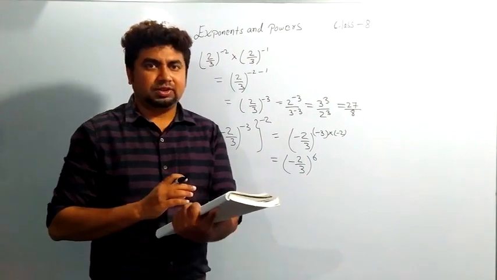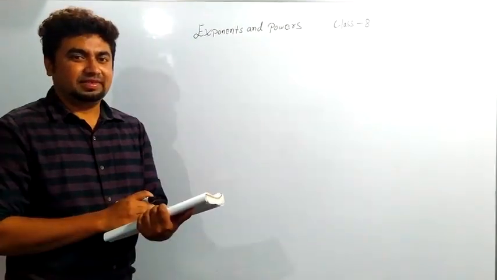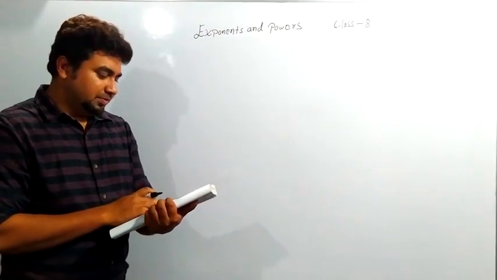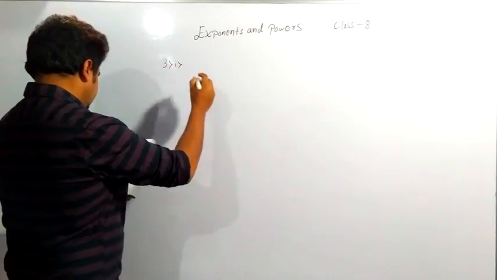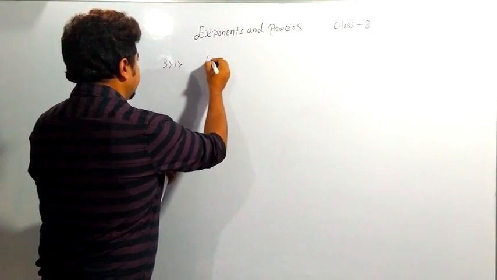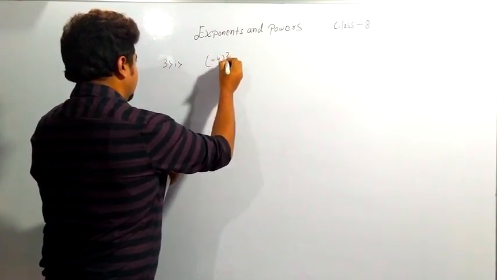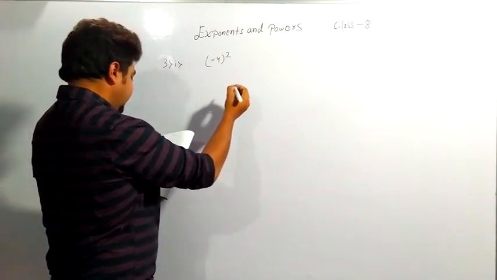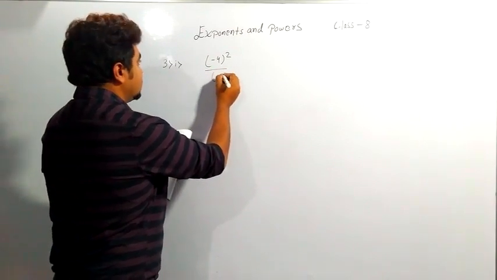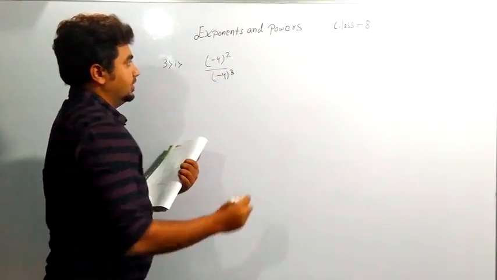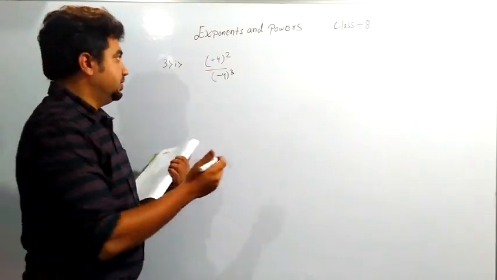Now we'll be moving to question number 3, bit 1. This is minus 4 to the power 2 divided by minus 4 to the power 3. This is the question which is given.